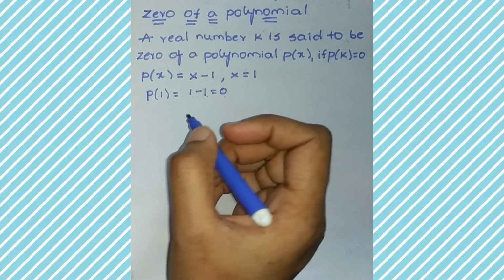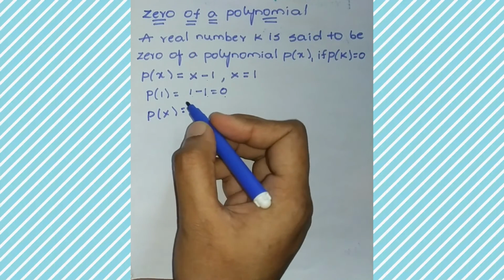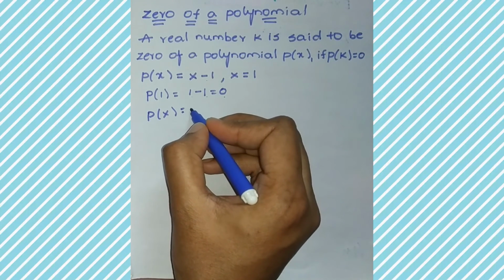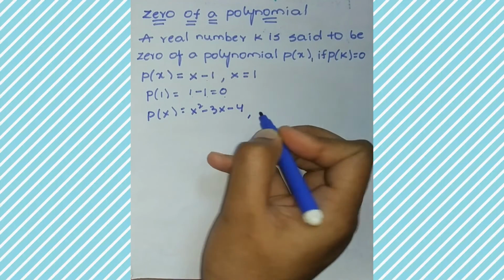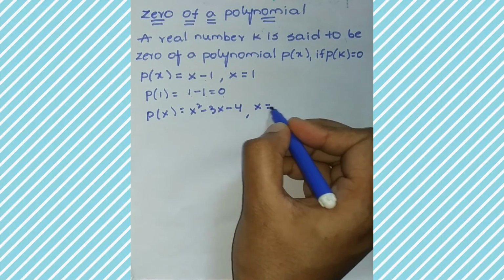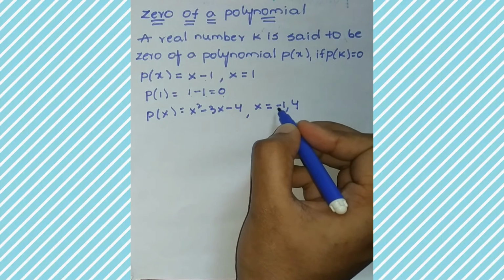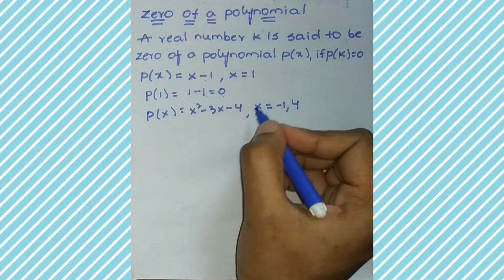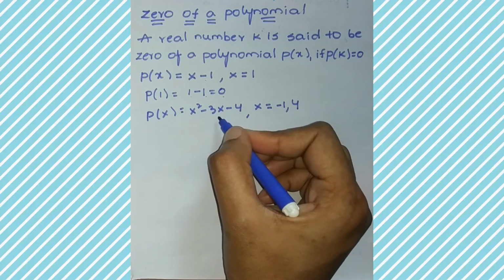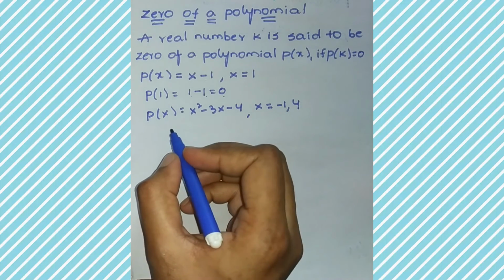Now let's take another example. p(x) = x² − 3x − 4 and x = −1, 4. We need to check whether x = −1, 4 are zeros of the polynomial x² − 3x − 4. Now let's check it.